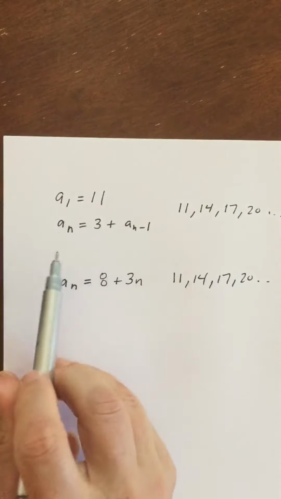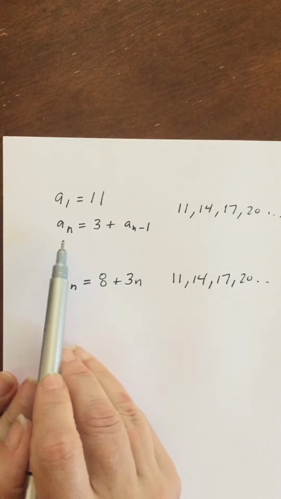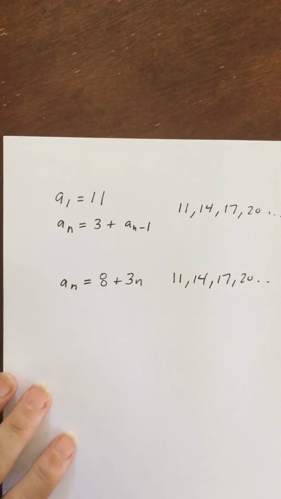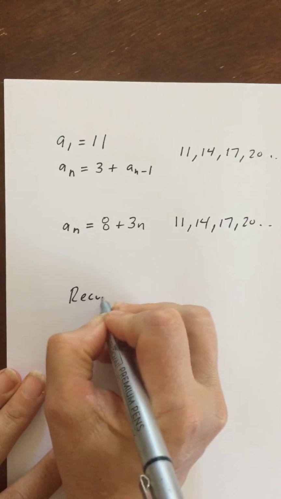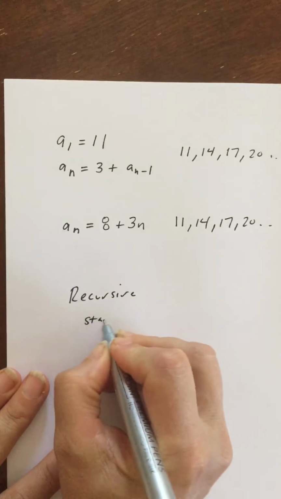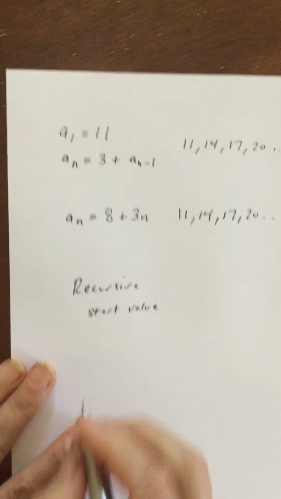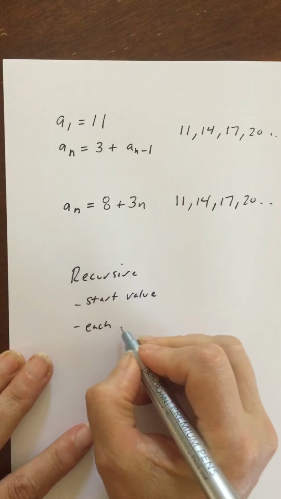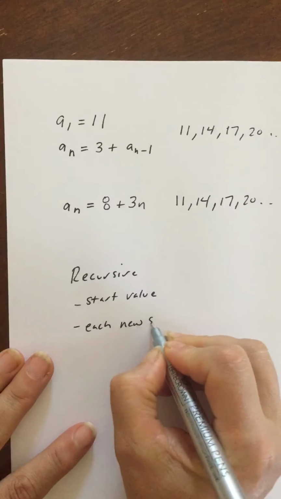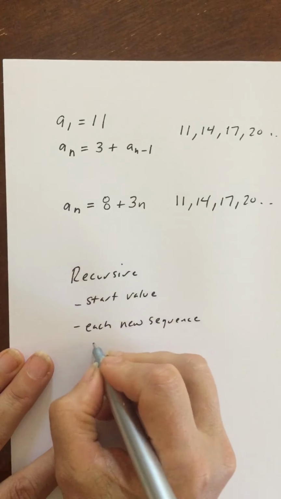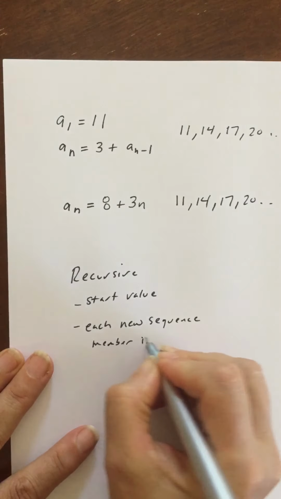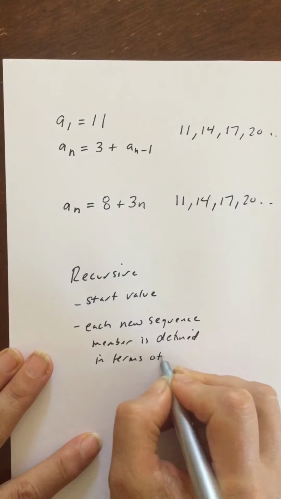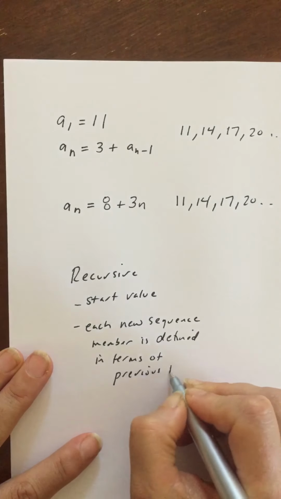Okay, so this top one has a starter value, and then each thing is defined in a way that relates it to the previous thing. Okay, so let me describe that. So recursive definitions, the way they work is they give a start value, and then after the start value or values, each new sequence member is defined in terms of previous members.